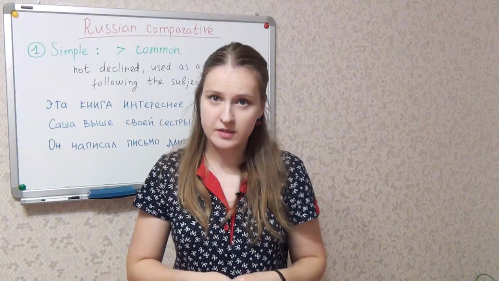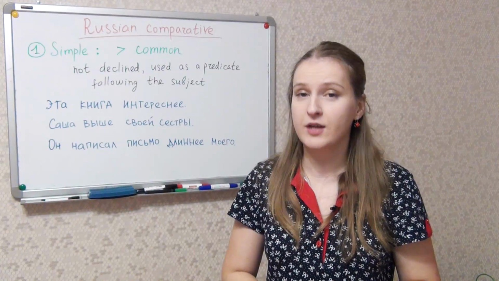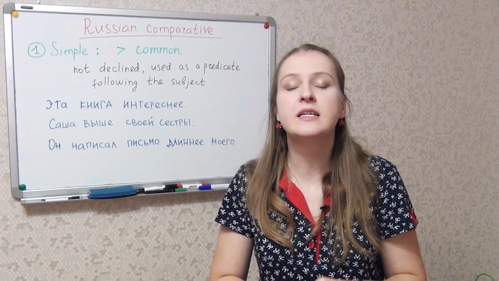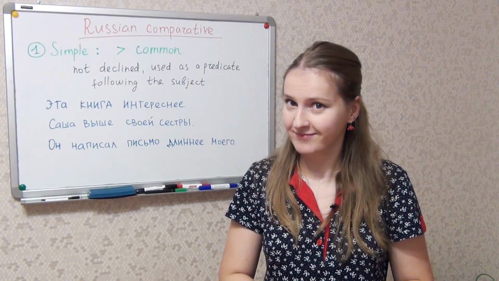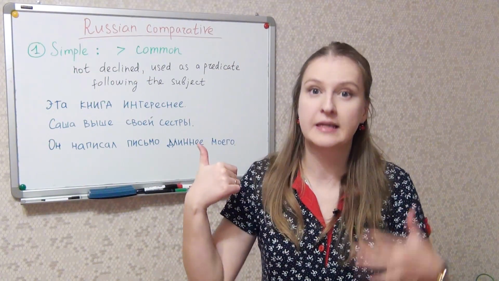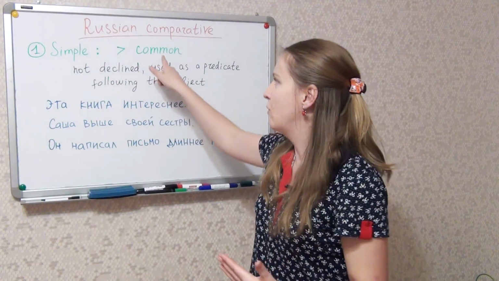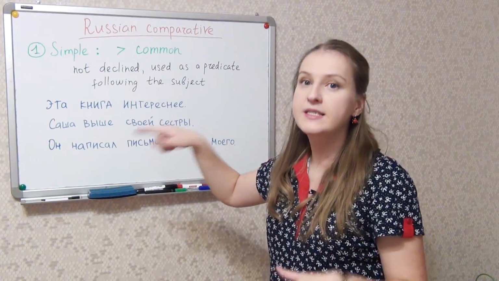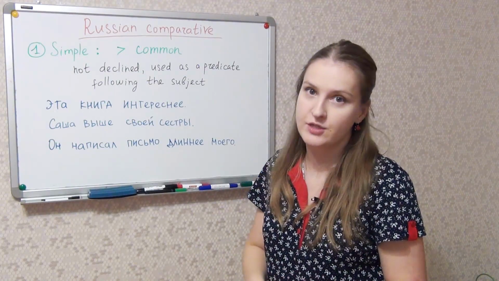Now, as for the usage of the simple comparative, I should point out that it is used more. So it is more common in Russian to use simple comparative rather than compound comparative. It is not declined, so the form doesn't change.